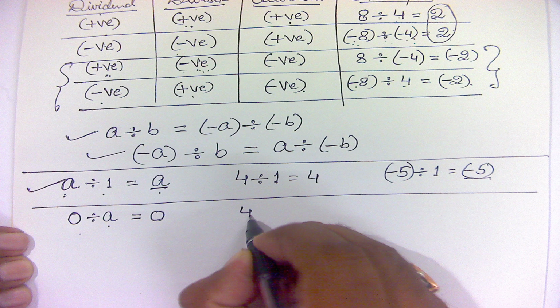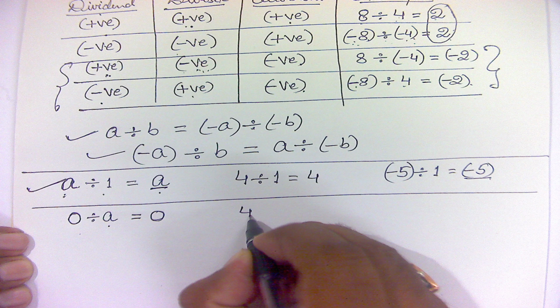Like 0 divided by 0. If you are dividing 0 by 0, it is not equal to 0. It is not defined. You cannot divide 0 by 0. We will say that it is not defined. Similarly, any integer divided by 0 is not defined.